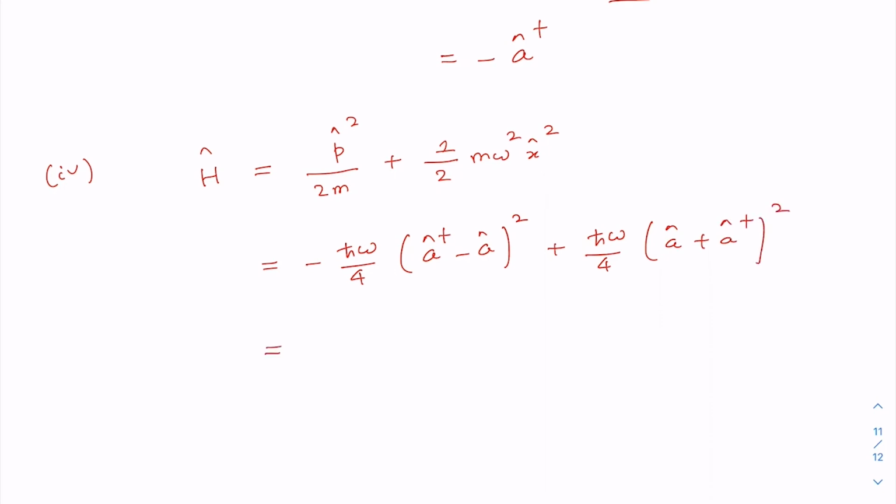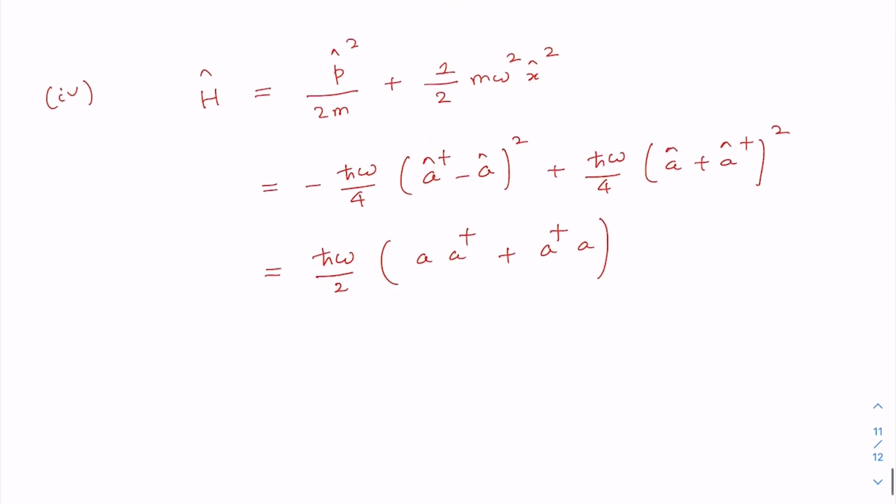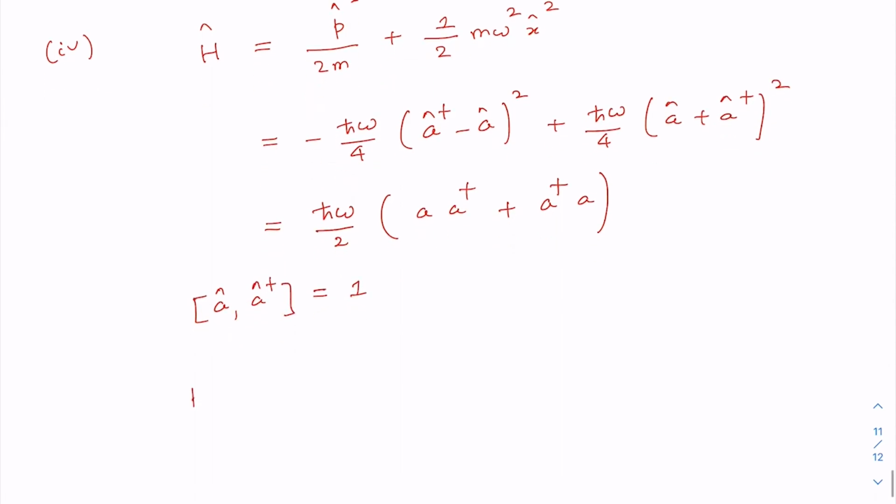So if you do the maths, you will get h cross omega by 2 times A A dagger plus A dagger A. And again, utilizing the relation A A dagger is equal to 1, you can also show that H is equal to h cross omega. From here you can show that this would be A dagger A plus half.